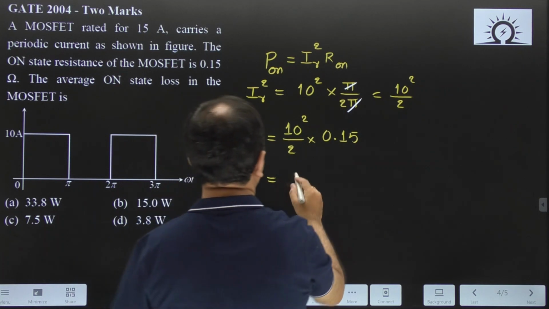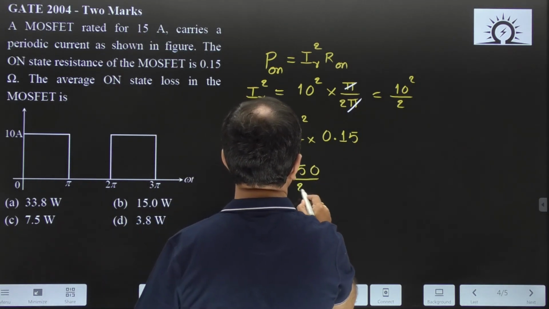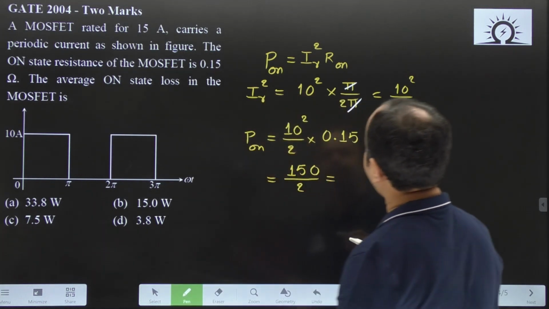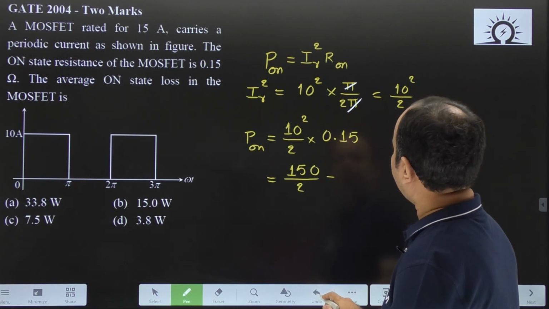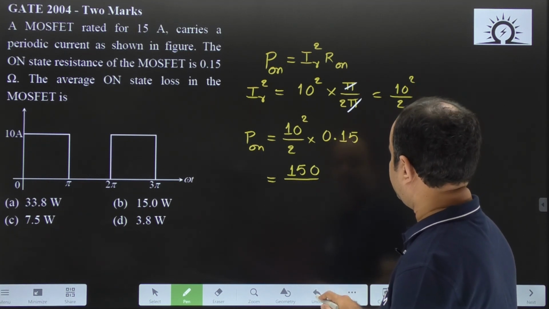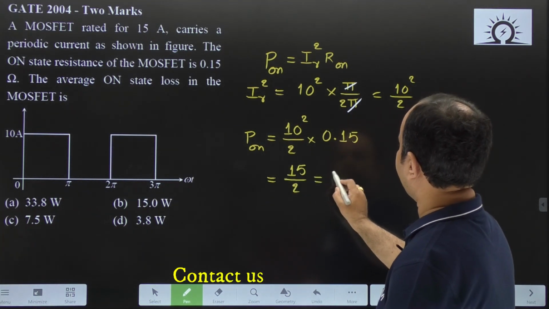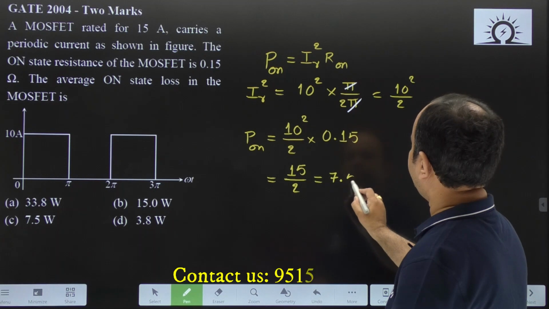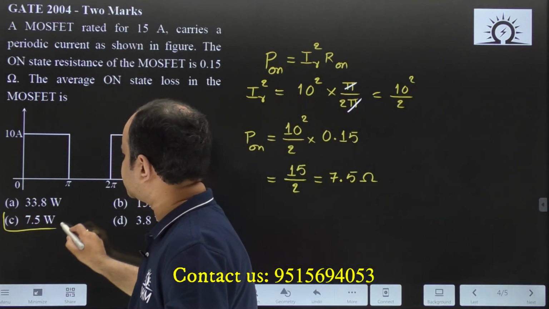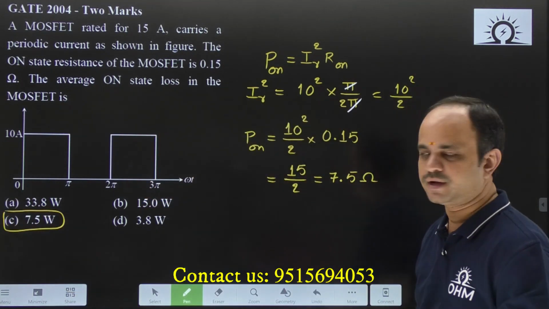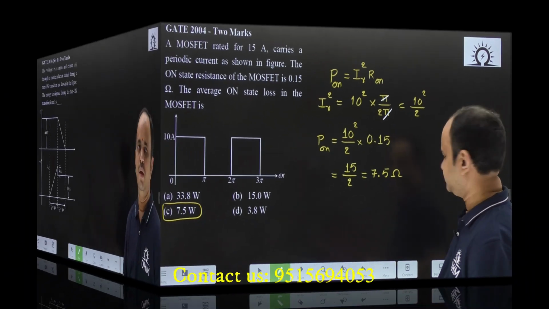Therefore, 100 into 0.15 will give you 15 divided by 2. This will give you 7.5, and hence C is the correct answer. This question was given in GATE 2004 for 2 marks.